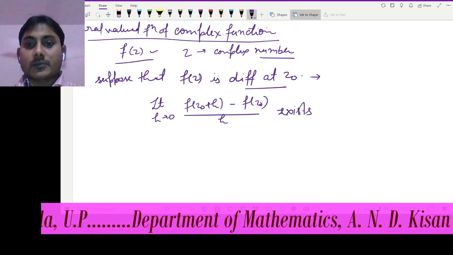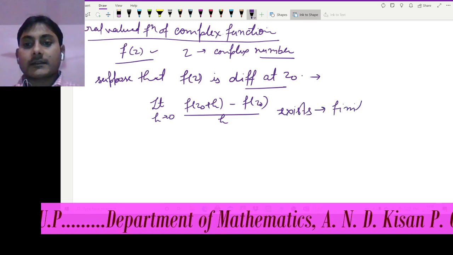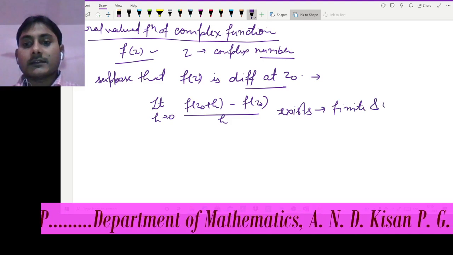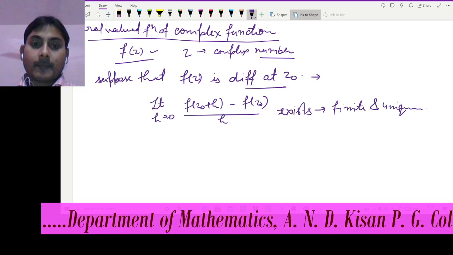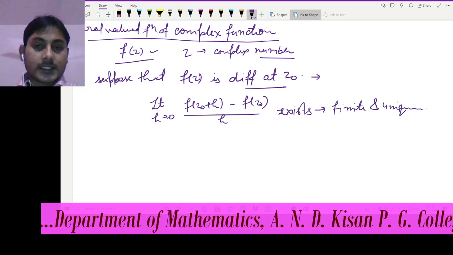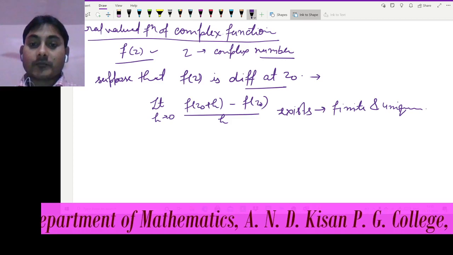This exists means it is finite, and it is finite as well as unique.